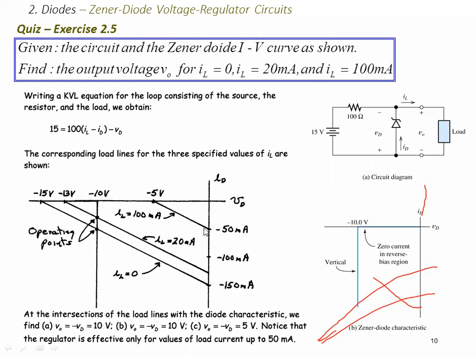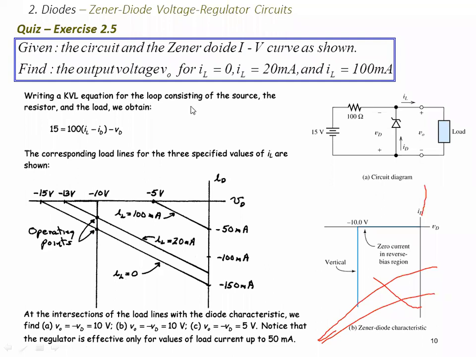And we have the Zener diode characteristics, right? So our operating points are the intersections with our Zener diode. We have this point and that point. Then IL is 20 milliamps, so that's our point. IL is 10 milliamps, that's our point. Then IL is 0, that's our operating point, right?